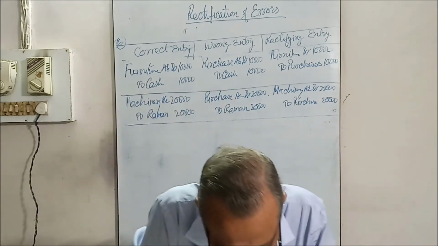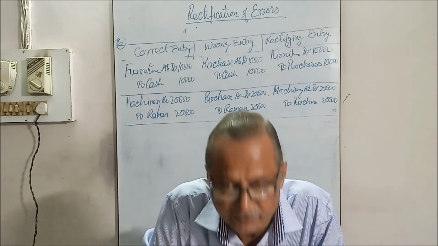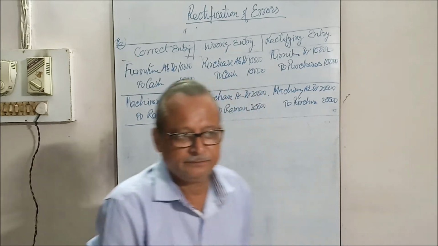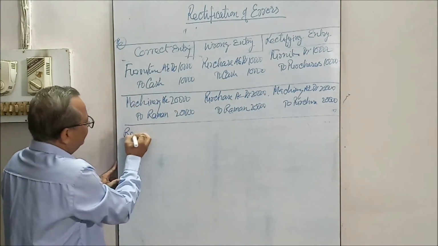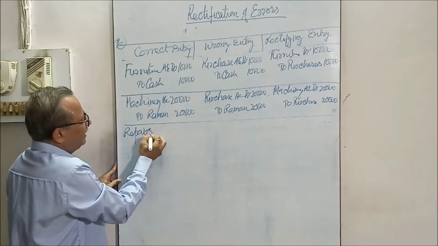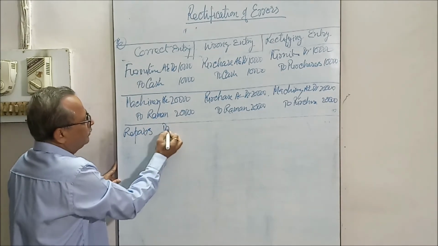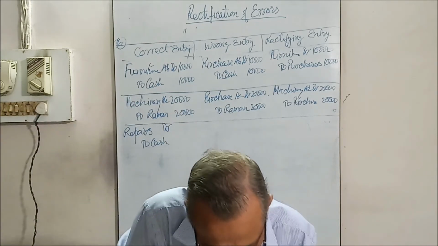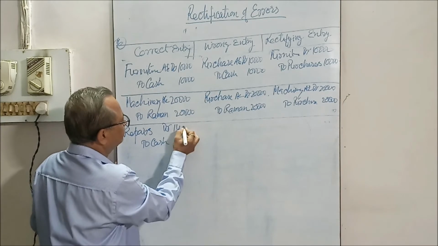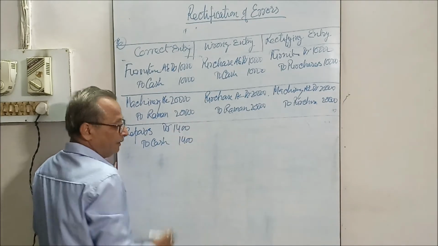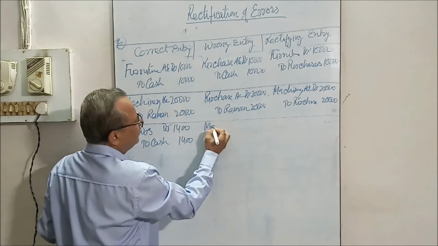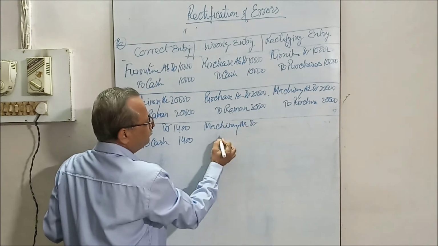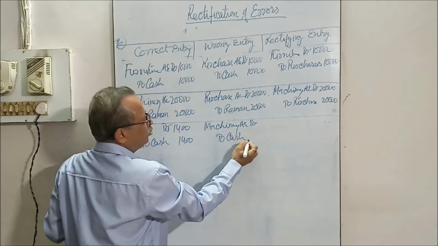Now C is repairs on machinery 1,400 debited to machinery account. That should be repairs account debit, 1,400, but wrongly entered as machinery account debit to cash.